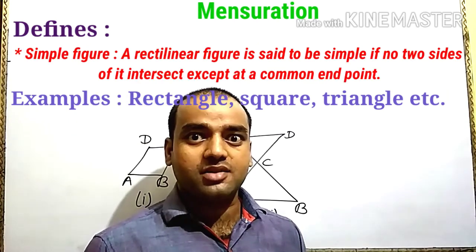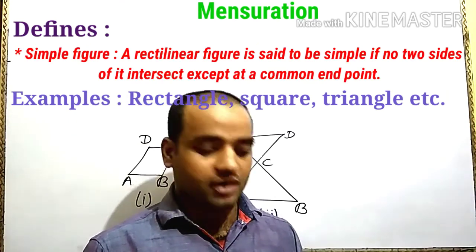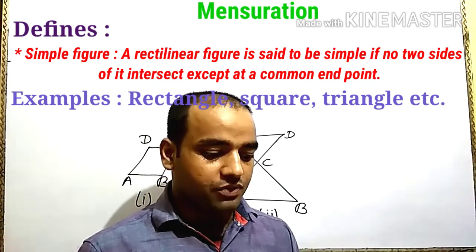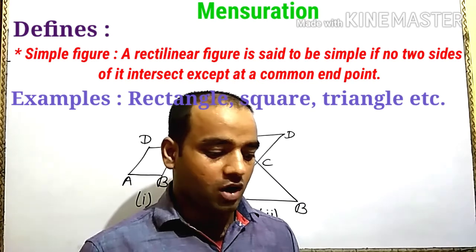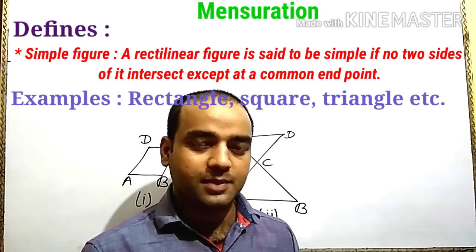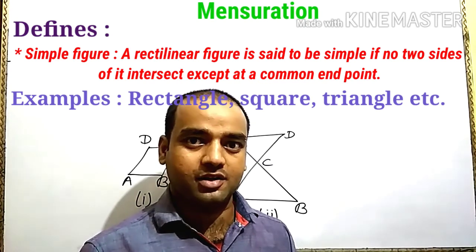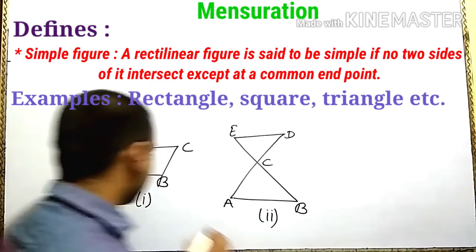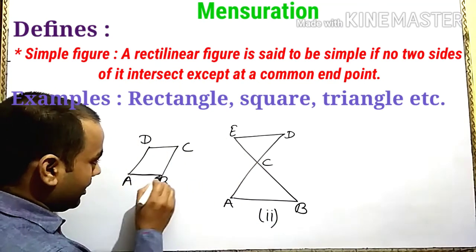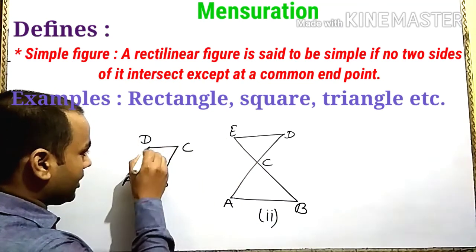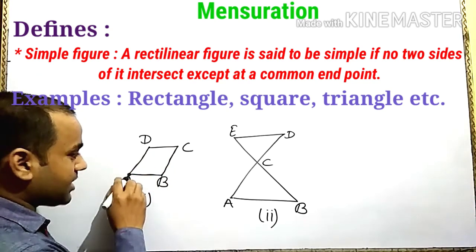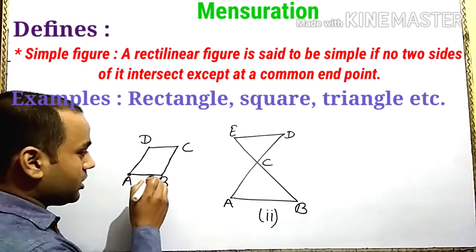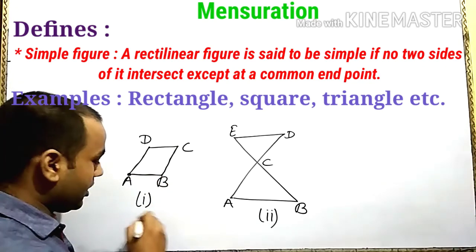Next define simple figure. What is simple figure? A rectilinear figure is said to be simple if no two sides of it intersect except at a common end point. See in figure first, start at point A, draw this figure and lastly we meet point A. Not intersect except at A. So this is called simple figure.